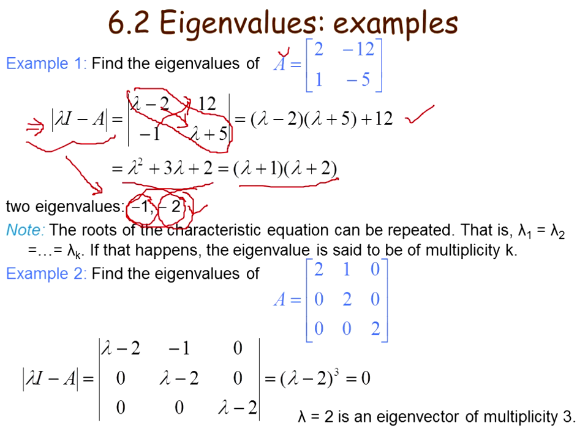One by one I am going to find them. But the question only asks to find the eigenvalues. No need to find the eigenvectors. In future examples, after a few slides, there is an example to find the eigenvalues as well as eigenvectors.